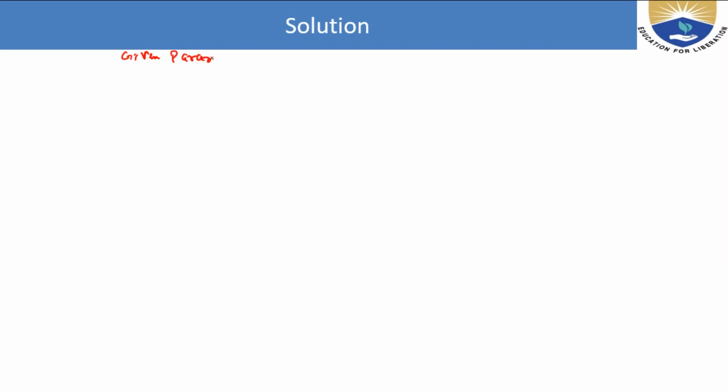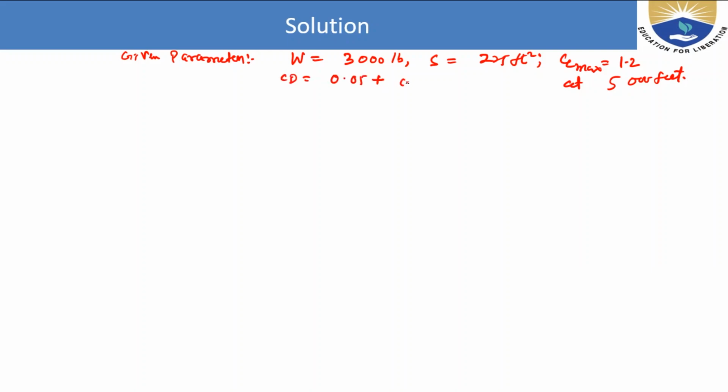Given parameters are weight W is equal to 3000 pound, area S is equal to 225 feet square, CL max is equal to 1.2, H is 5000 feet, CD is equal to 0.025 plus 0.06 CL square.